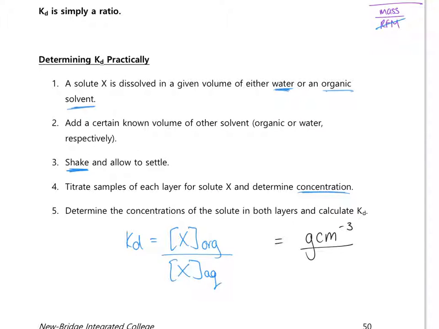The concentration of X in your aqueous layer is again going to be grams per centimetre cubed. And so these simply cancel out and you end up with no units. You don't need to state it as no units because KD will never have any units. Again, that comes from the idea that KD is simply a ratio of the concentration between the two layers.